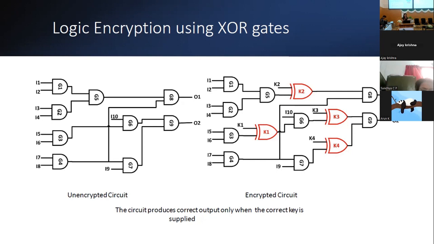So the designer is designing the hardware. The designer will give it to a foundry for manufacturing. In between, at the foundry, testing and verification will happen. In the testing phase, someone can insert something, right? So if the designer itself is an unauthorized person, then this won't work.